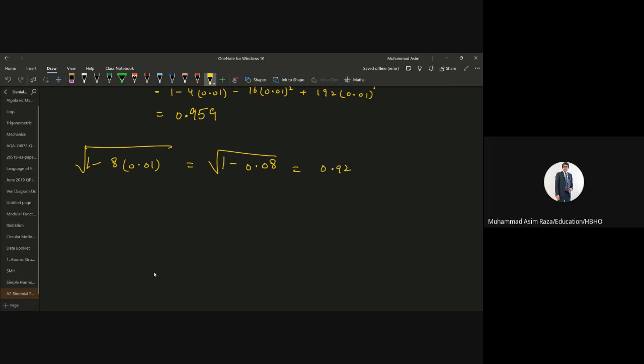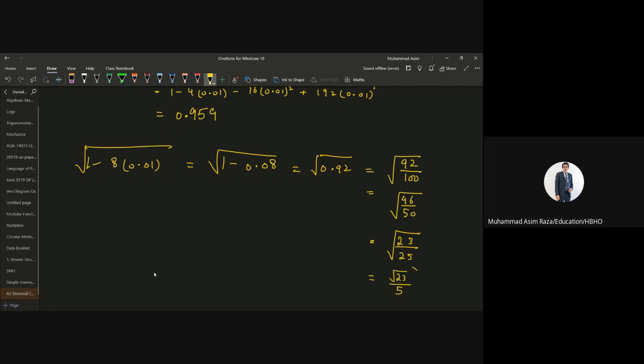So we can write it down like this: 92 over 100, and there is a square root. We can simplify it so that we have 46 over 50, and then further we can simplify it to 23 over 25, and hence we will have square root 23 over 5.